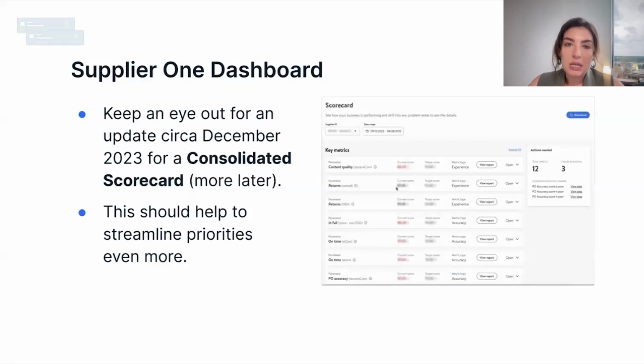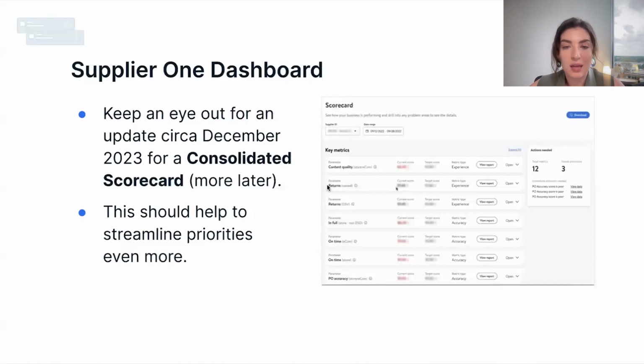And then other things on the Supplier One dashboard is to keep an eye out for the update that should have come out by now, but it is the consolidated scorecard. We're going to be building out more information on that as well, but you can see here some of those key metrics. What it looks like is happening is really consolidating some of those dashboards that I talked about. So you can see in full and on time, the OTIF dashboard, PO accuracy, that's going to be pulled from the SQEP dashboard.